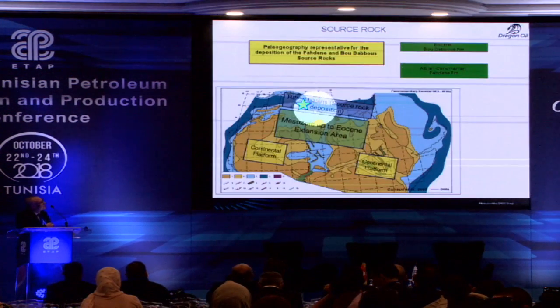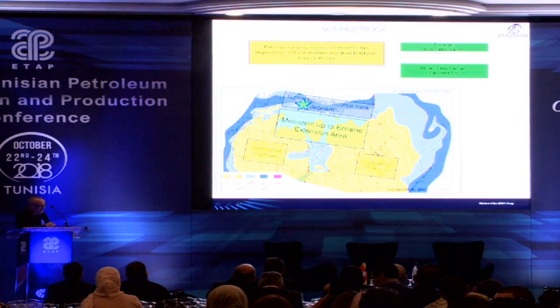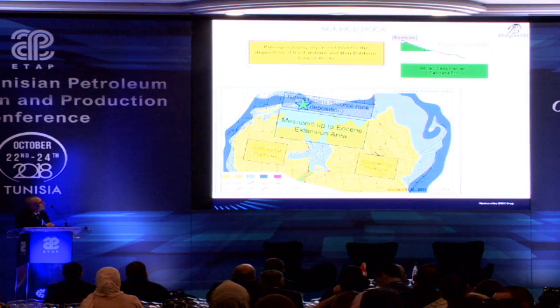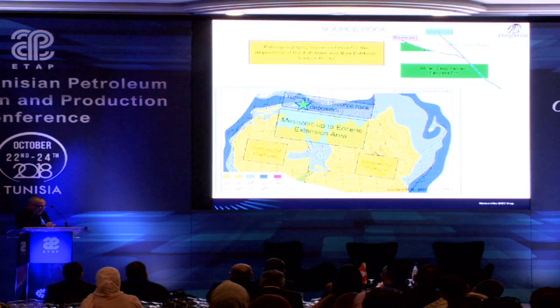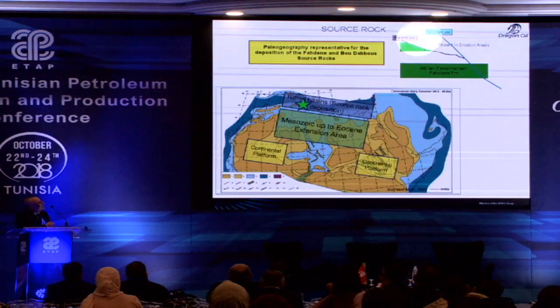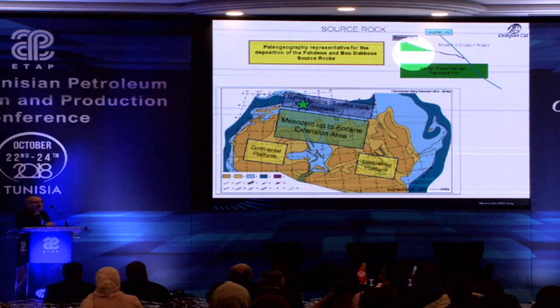This is the area where we are doing exploration, and we think that the main contribution of source rock will be the Faden source rock, because on the previous seismic section, you may remember, I highlighted that the Bou Dabbous section has most likely been eroded by the Langian unconformity.